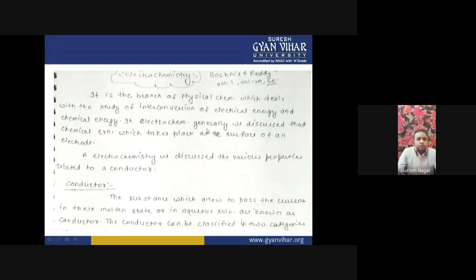Electrochemistry is a branch of physical chemistry which deals with the study of the interconversion of electrical energy and chemical energy. In electrochemistry, we generally discuss the chemical reactions which take place at the surface of an electrolyte.